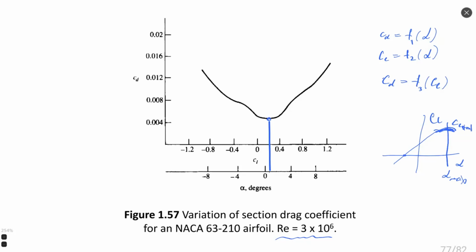Usually airfoils are designed to provide a minimal value of drag coefficient at this small angle of attack. At positive and negative angles of attack, drag coefficient increases. A typical value of drag coefficient for an airfoil is 100s, 200s of units, so not so big values.